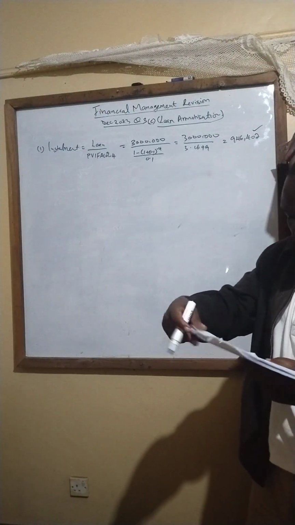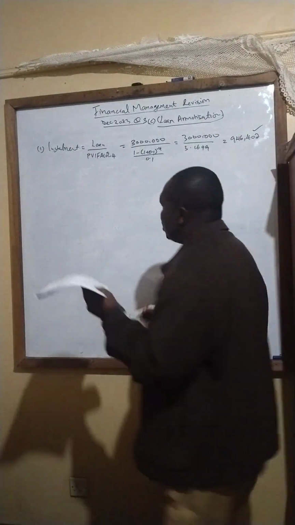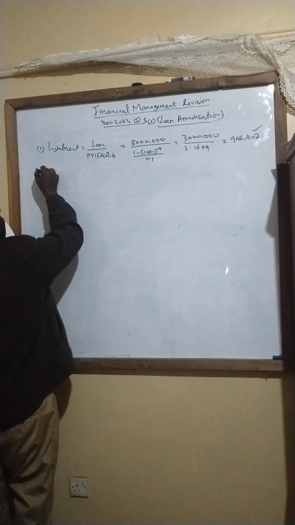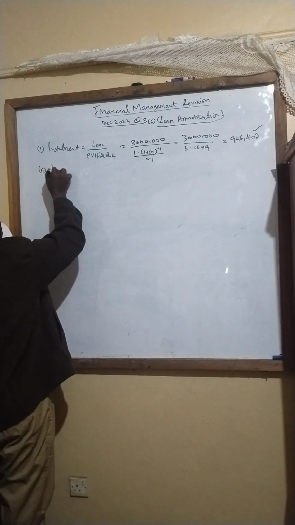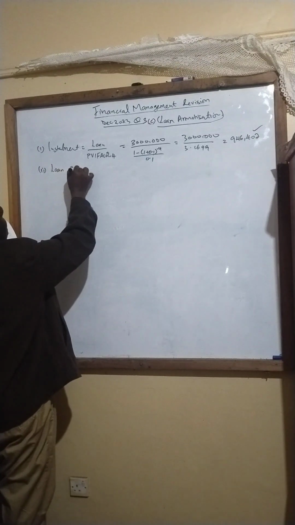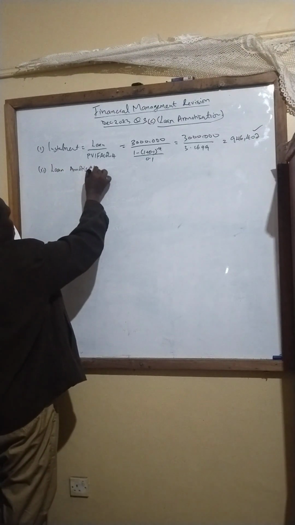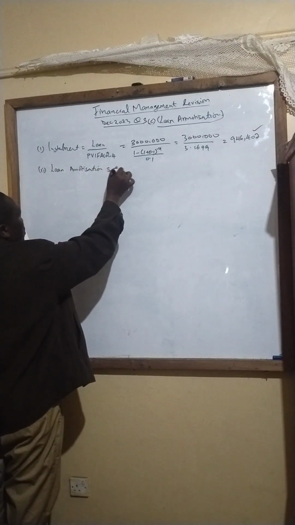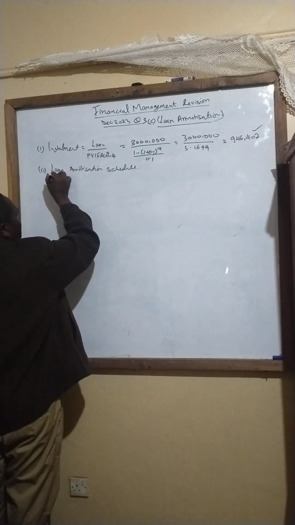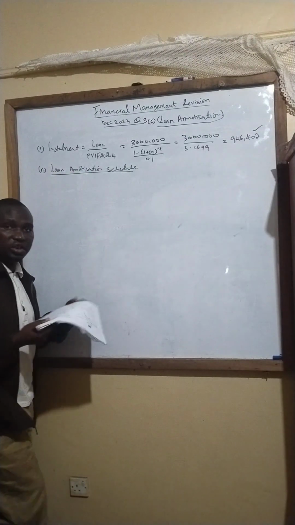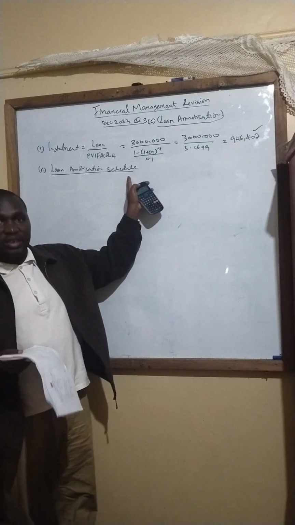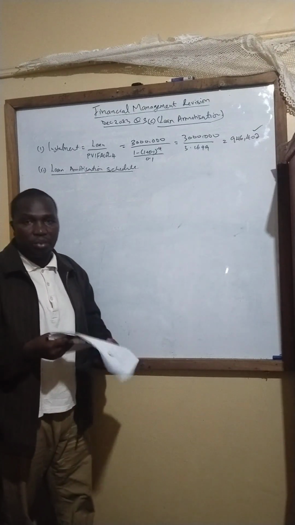Number 2, Roman 2 is loan amortization schedule. Yes, these are tables. What is very important here is the format itself. It is very, very important.